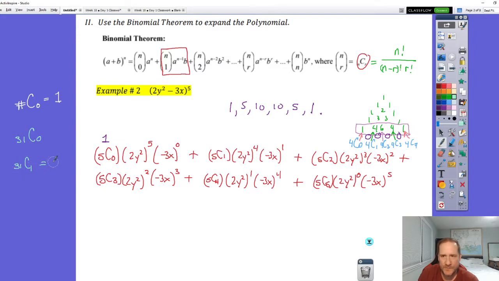So 31 choose 1 is 31. So, I guess that's another rule, right? N choose 1 is going to be N. That's a rule. N choose 0, well, that's just 1. That's a rule. And then we also know by symmetry that N choose N is also 1.